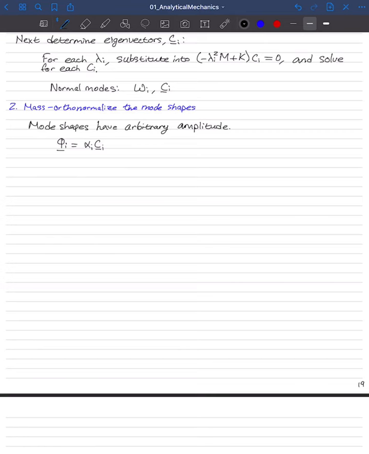Okay. We want to solve for alpha I using mass orthogonality.